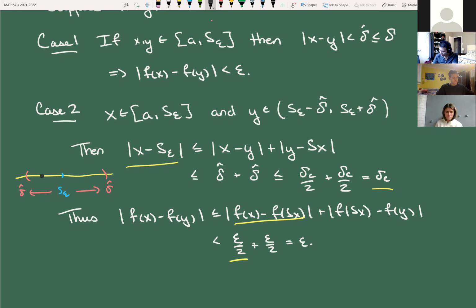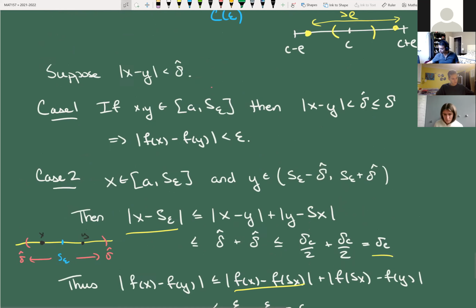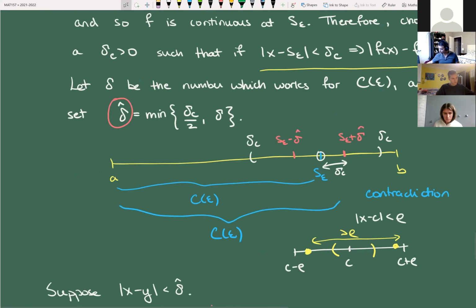So we've got like x here, we've got y here, and I want to show that |f(x) - f(y)| is less than epsilon. So I'm going to use the fact that x and y are sufficiently close to each other and sufficiently close to S sub epsilon in order to guarantee that I get what I want, right? There are more s sub x's that need to be changed. Where?